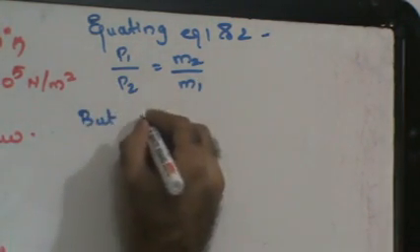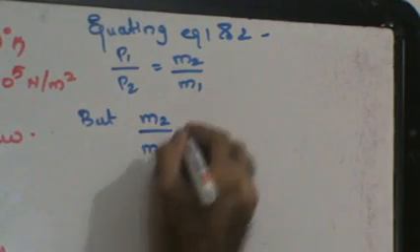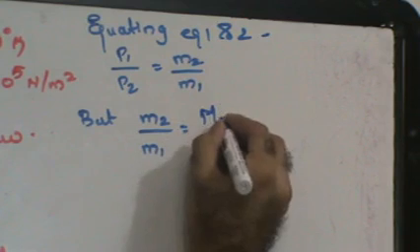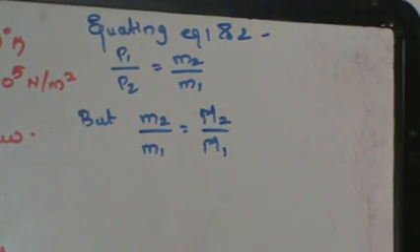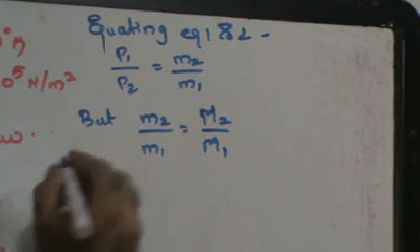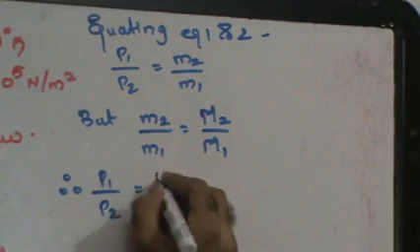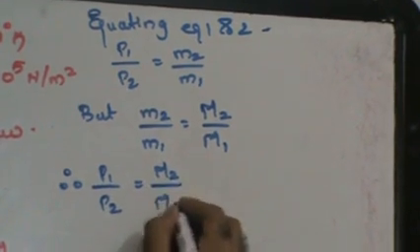But M2 upon M1 is nothing but molecular weight of 2 upon molecular weight of 1, right? Therefore, I can say that P1 upon P2 is M2 upon M1.